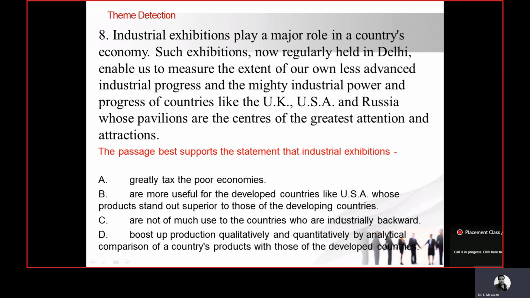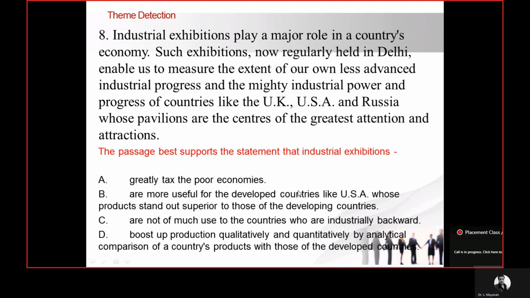It is not discussed. And option D, industrial exhibitions boost up production qualitatively and quantitatively by analytical comparison of a country's products with those of the developed countries. It seems to be the right option, because the progress of countries like UK and the USA and Russia, whose pavilions are the centers of greatest attention and attraction, and thereby it boosts up production qualitatively and quantitatively by analytical comparison of a country's products with those of the developed countries, is the right option.